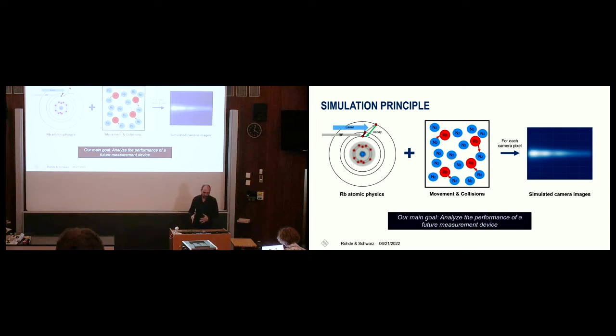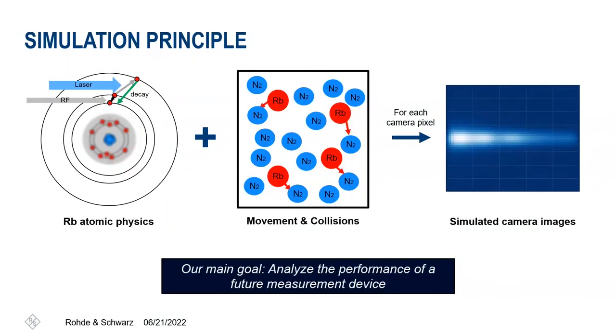And we combine this physics with the calculations for the movement and the collisions of these atoms in a buffer gas cell. And if we carry out this calculation for each pixel of a simulated two-dimensional rubidium cell, we will get simulated camera images in software.